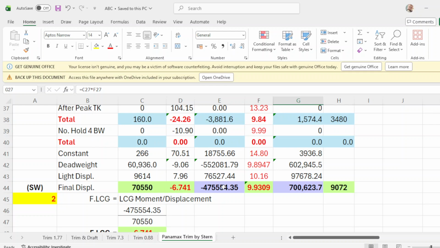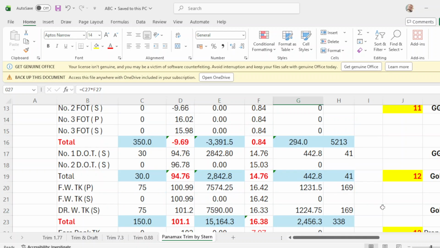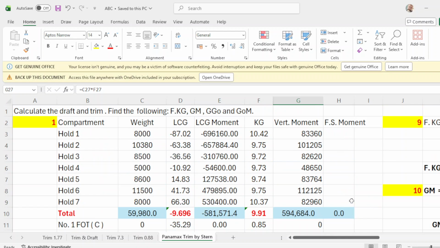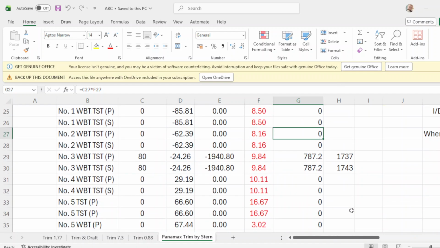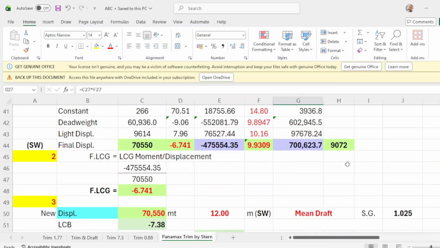This will be your total LCG moment. So this will be your KG multiplied with your weight. This will be your vertical moment, and this will be your total free surface moment, which is this one. All values here, the total will be 9072. Okay, so this is number 2.